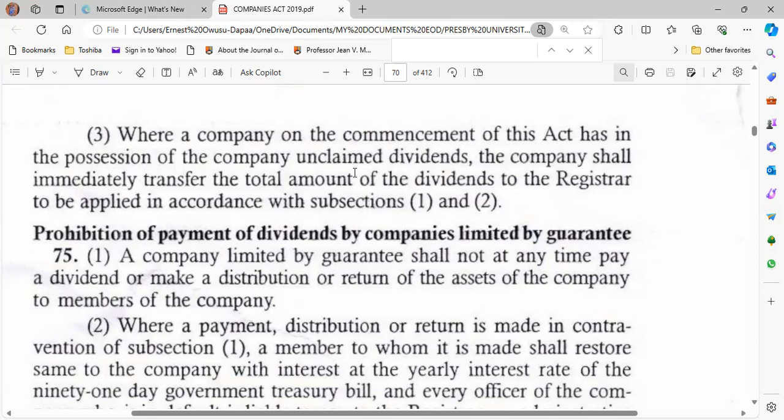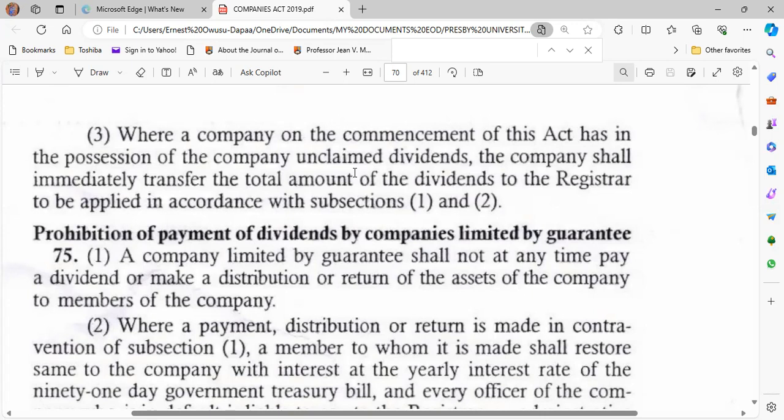74.3, where a company on the commencement of this act has in possession of the company unclaimed dividends, the company shall immediately transfer the total amount of the dividends to the registrar to be applied in accordance with subsections 1 and 2. So this is what we call a transitional arrangement. And mind you, this law came into force just in 2019.